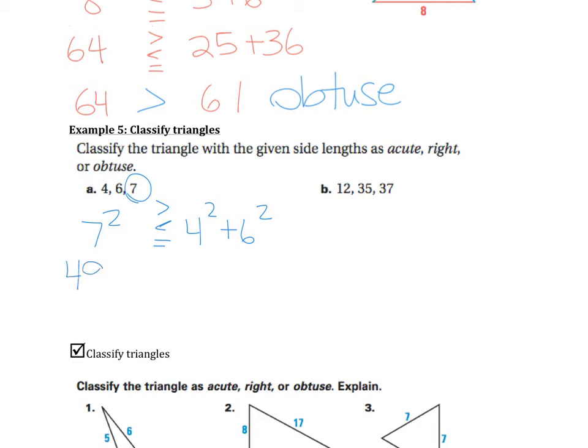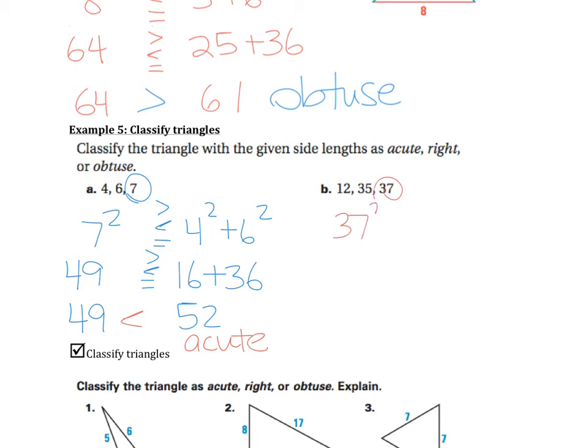So 49, and 16 plus 36, added together is 52. So what symbol goes in there but a less than? So this is acute. 37 is the longest side here. It has to go first.